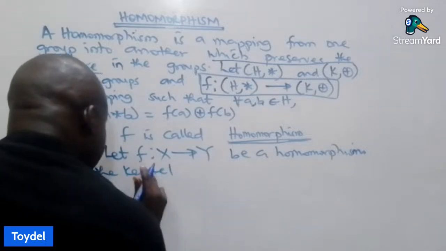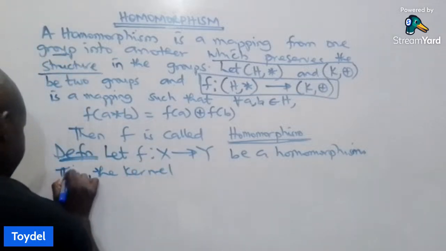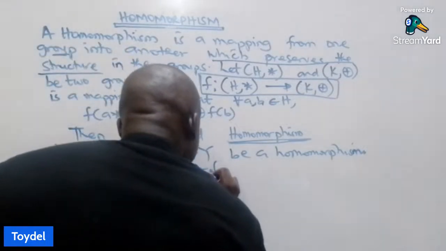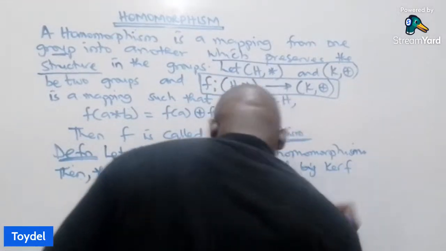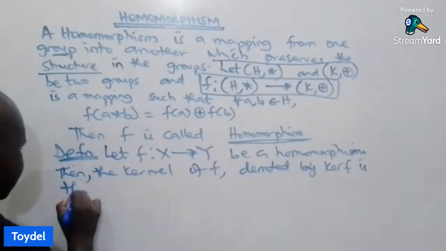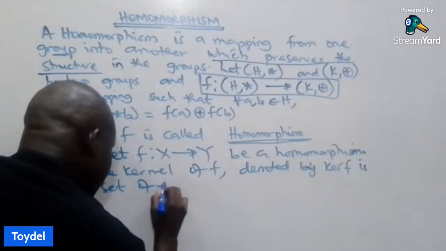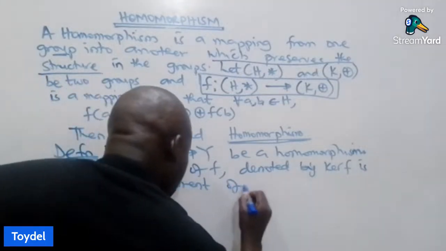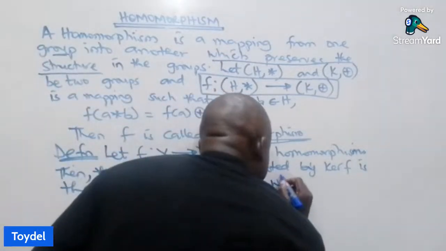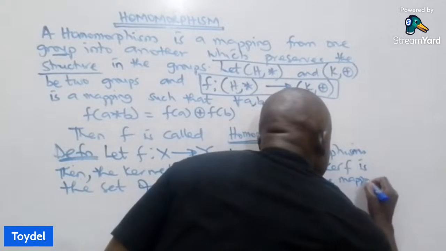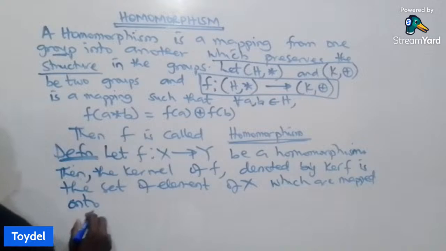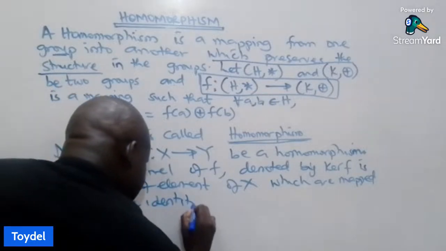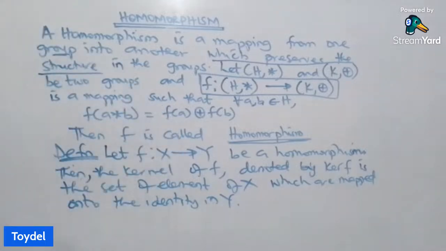The kernel of F, denoted by Kf, is the set of elements of X which are mapped onto the identity in Y. So what do I mean by that?